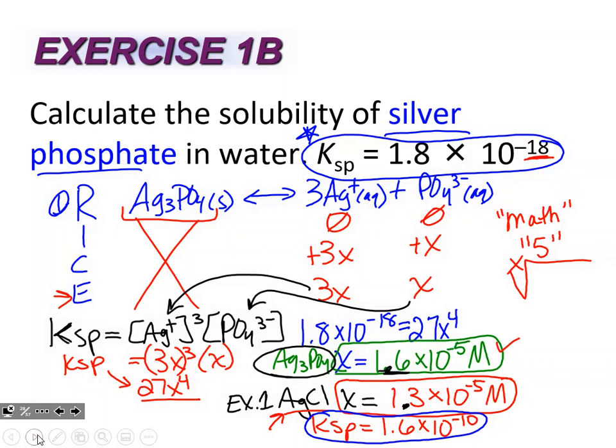But that's because the ratio of the ions are different. So when they're different, you can't directly compare Ksps. When they are the same ratio, you can directly compare Ksps. So when they're the same, it's the larger Ksp that will dissolve more. Yes. And then you compare their molarities if it's different. If it's different, you go to molar solubility. Exactly right. Okay.